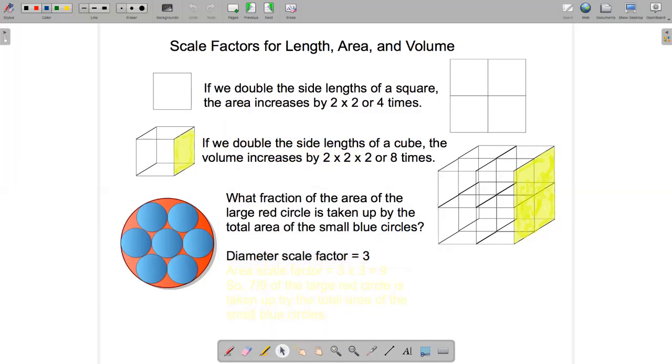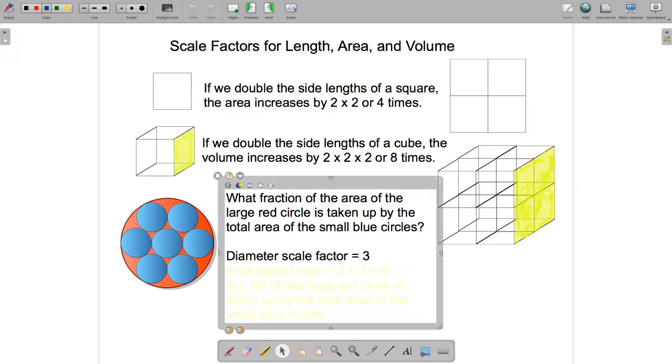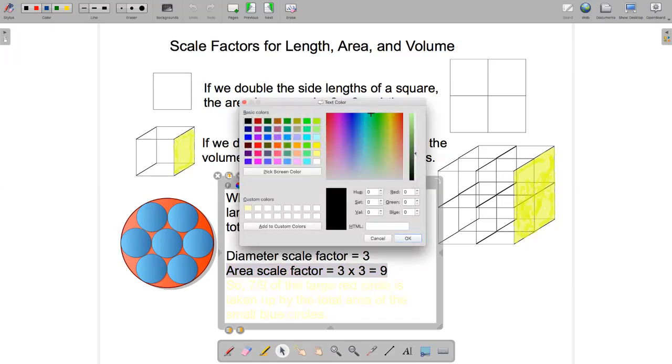Okay, remember that area scale factors are related to length scale factors if we square the factor. So if I square 3, I will get the area scale factor. So that will be 9 in this case.